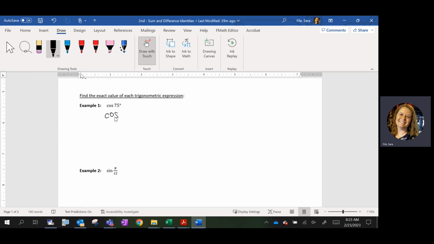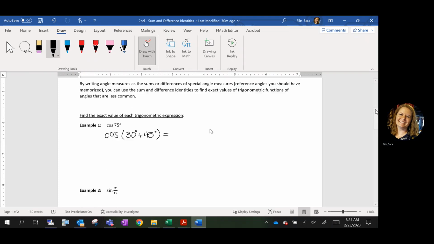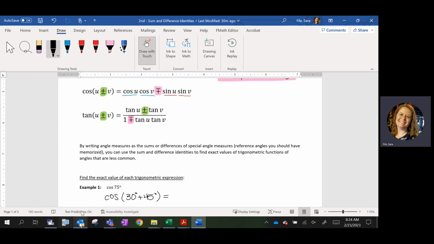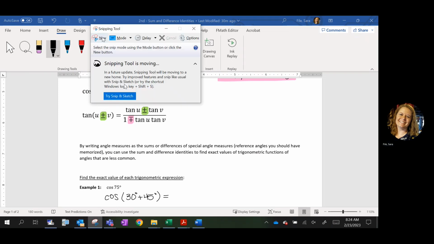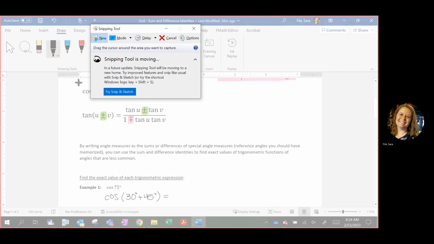I don't know cosine of 75, but I could do cosine of 30 plus 45, because I do know cosine at both of those angles. So to expand this, let me copy and paste this for us down here. So this one is cosine.